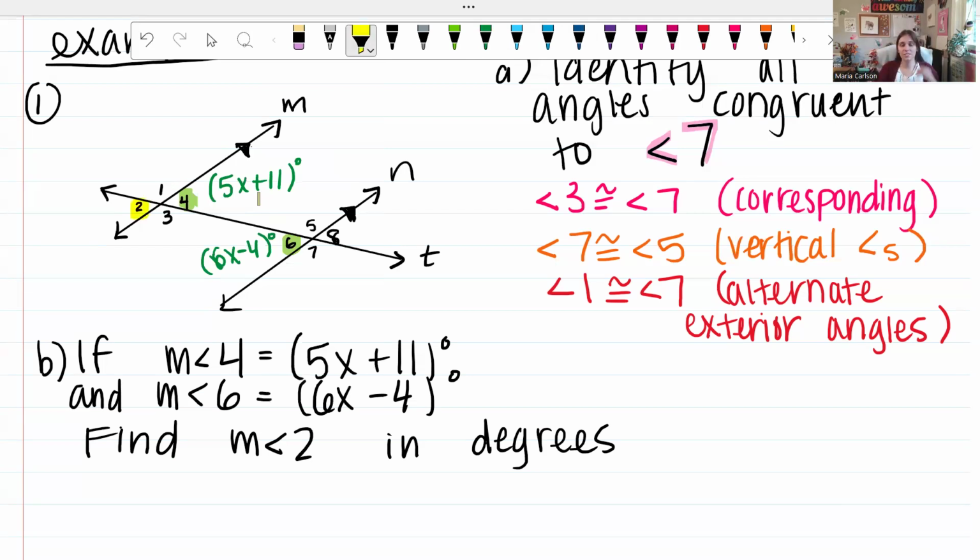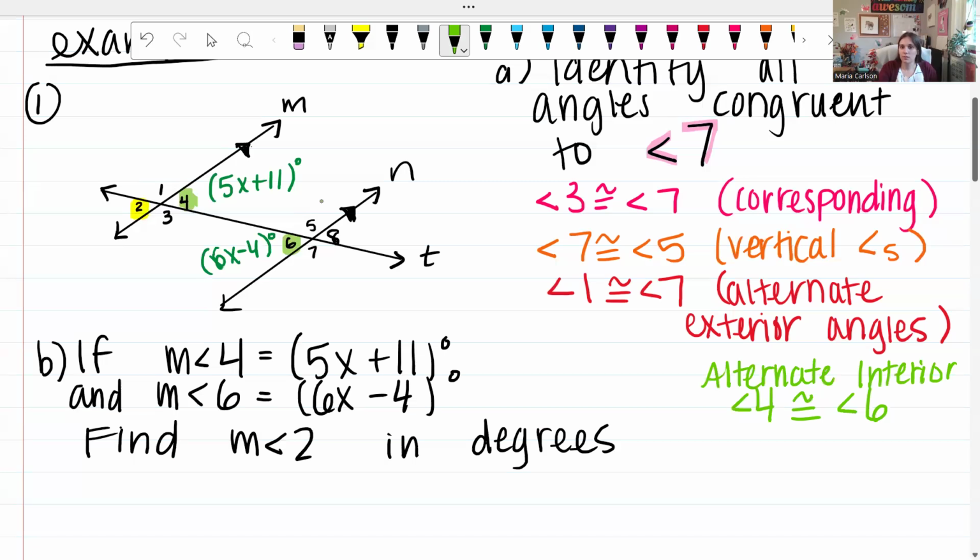So I hope you notice that the two angles we were given, angle 4 and angle 6, are congruent because they are alternate interior angles. Angle 4 and angle 6 are on the inside of those two parallel lines on opposite sides of the transversal.